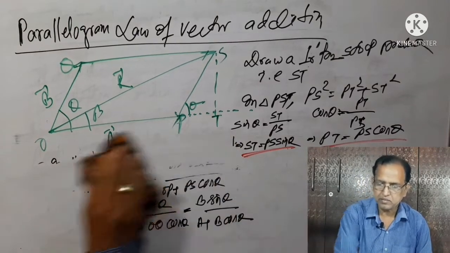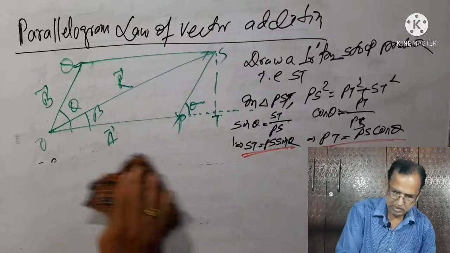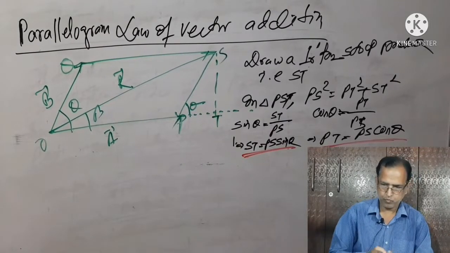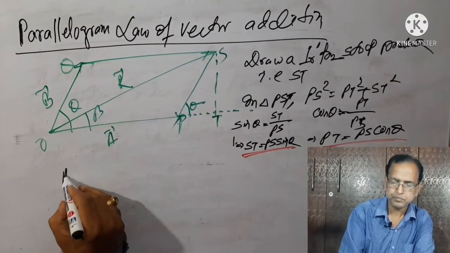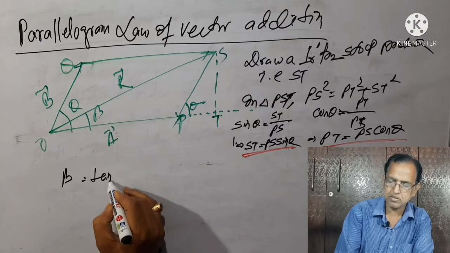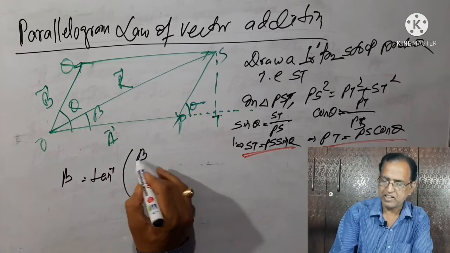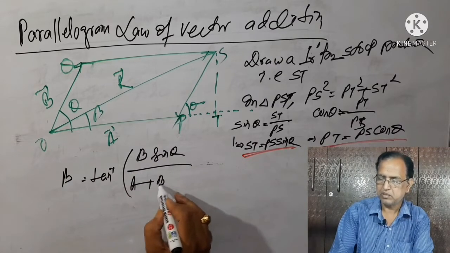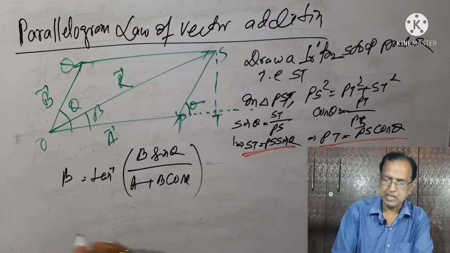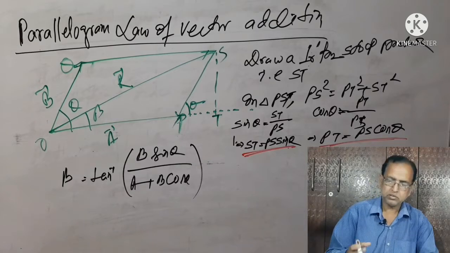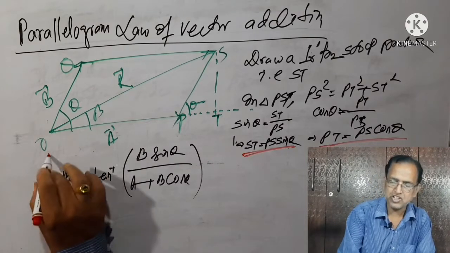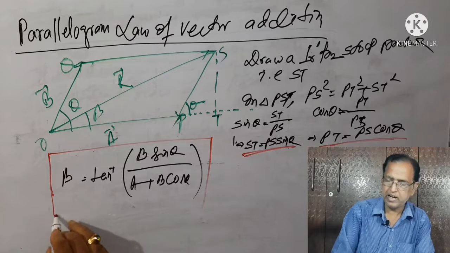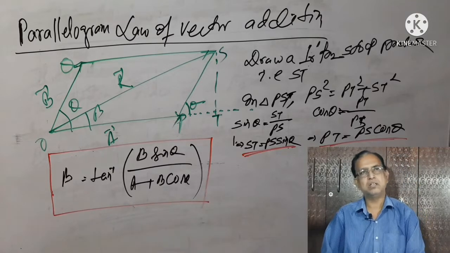So beta is tan inverse of B sin theta by A plus B cos theta. This gives the direction of the resultant or addition vector.